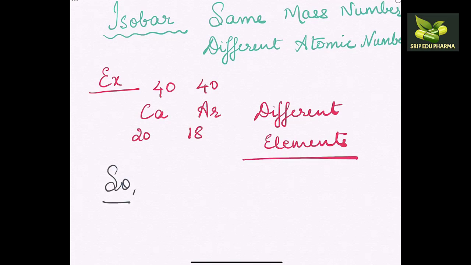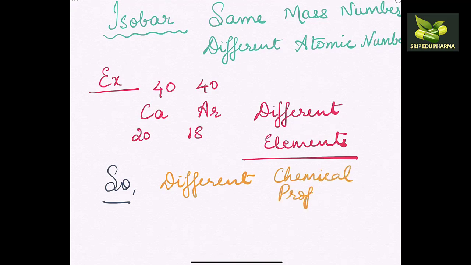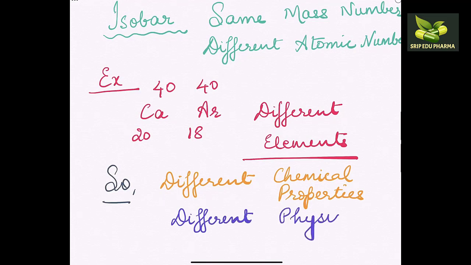Here you can see Ca 20 and 40, where 20 is the number of protons, that is the atomic number, and 40 is the mass number. Then argon 18, 40. Here 18 is the atomic number and 40 is the mass number. So in Ca and Ar the mass number is the same, that is 40, but the atomic number is different.